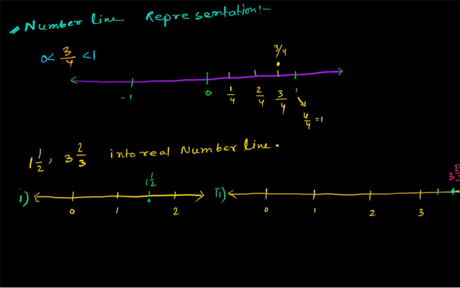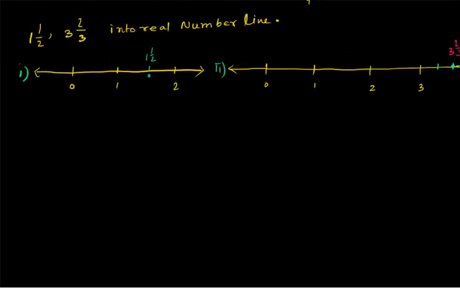Now we will be solving a few exam type questions which you can expect in the exam. First of all, we mostly have a question something like: find a rational number which lies between two given numbers.